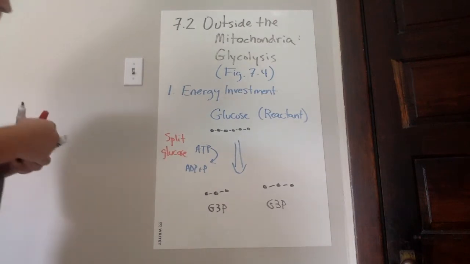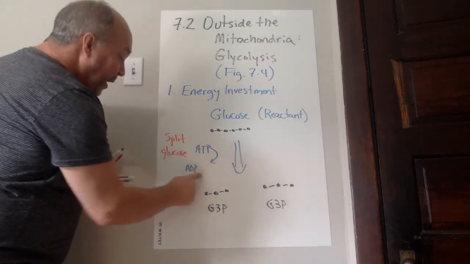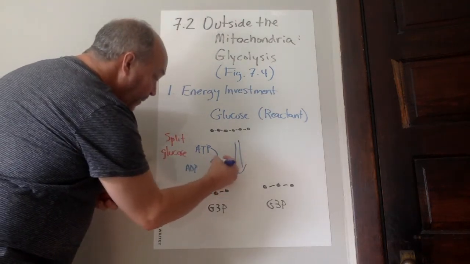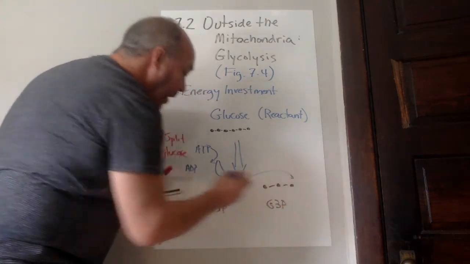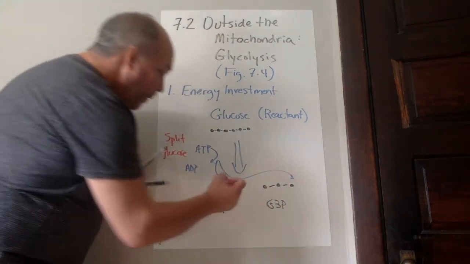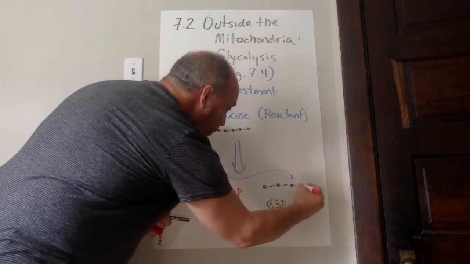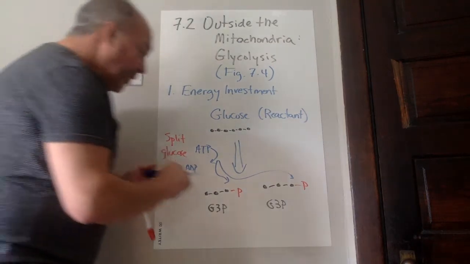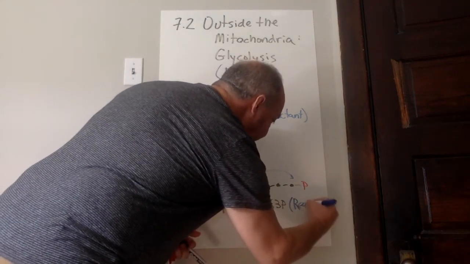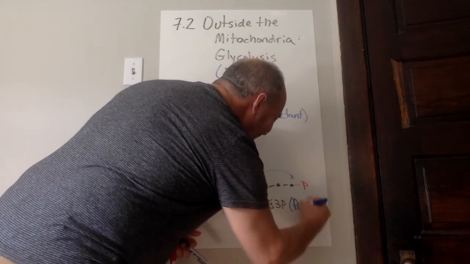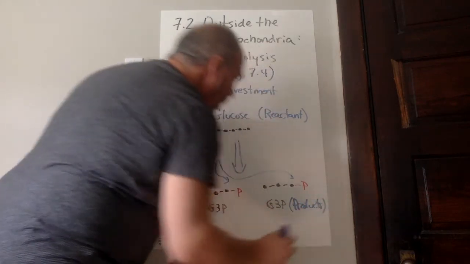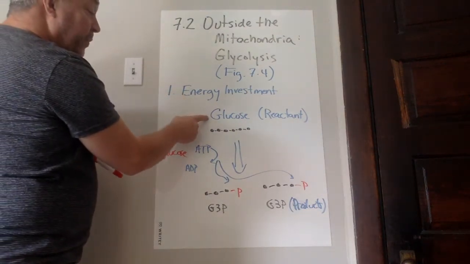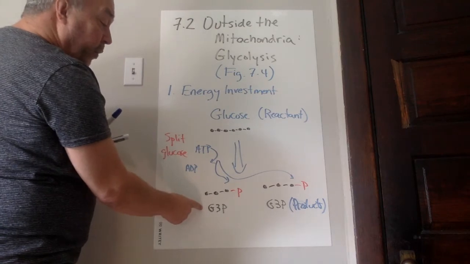And they're called G3P because actually what ends up happening is the ATP gets reduced to ADP and the phosphates are going to get added to our G3P molecules. So G3P, these are my, sorry, these are my products. So the input of the energy investment stage is glucose. The products are 2 G3P molecules.